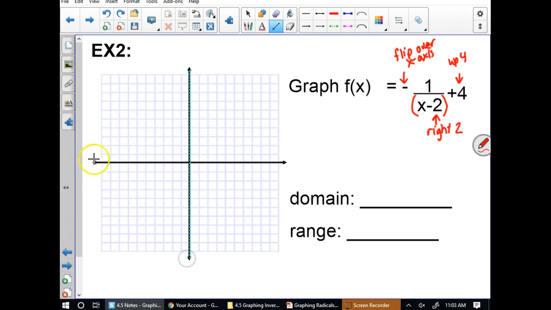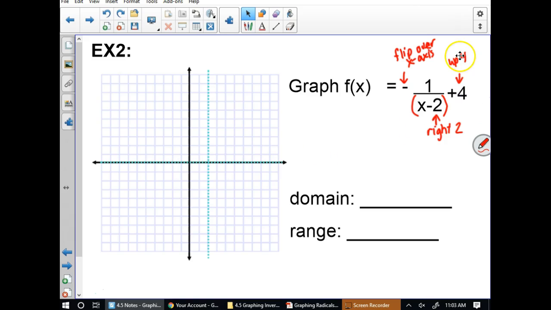Oh yeah. Alright, so normally your x and y axis would be your vertical and horizontal asymptotes. So we need to move this to the right 2. So you could go ahead and draw in your dotted line there at x equals 2, that vertical line at x equals 2.